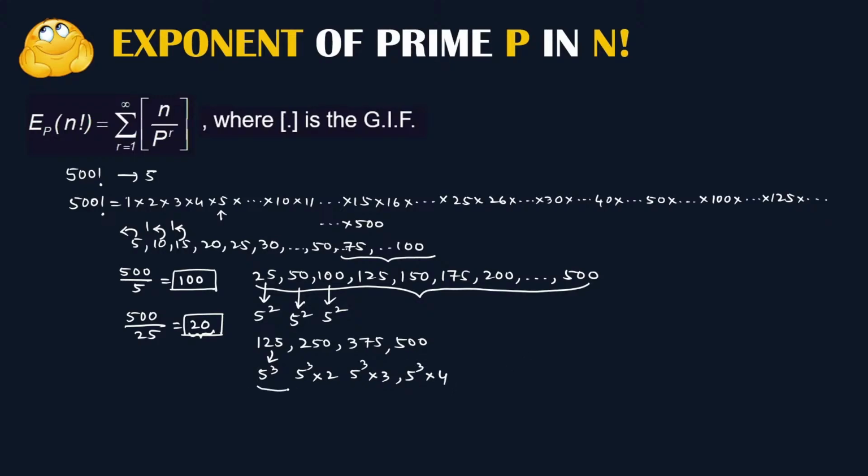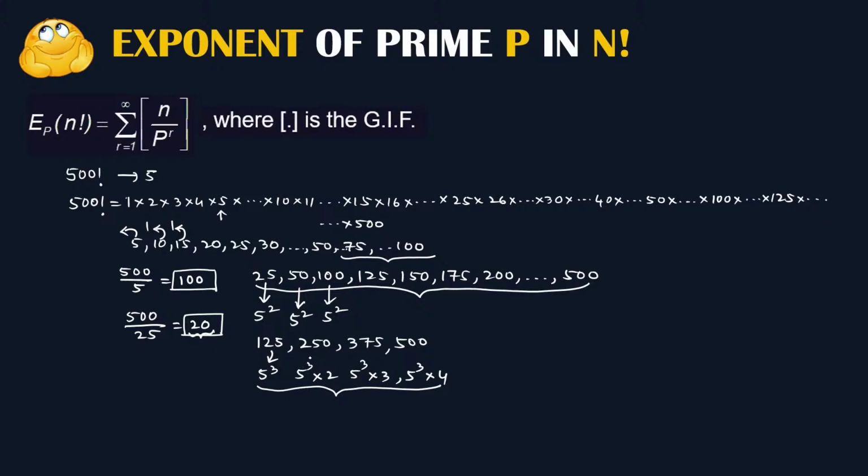So from these 4 numbers, you are actually getting three 5s, from which you have already considered one 5 when we considered multiples of 5. We have considered another 5 when we considered the multiples of 25. Yes or no? So we are left with one 5 in each of these numbers, which we have not considered yet.